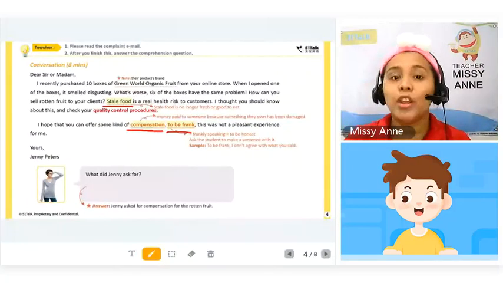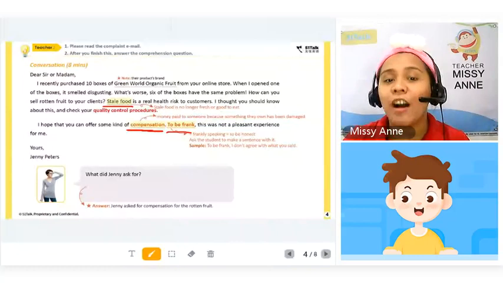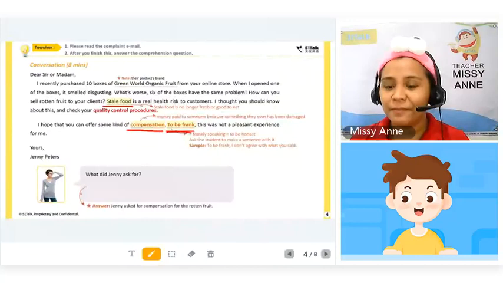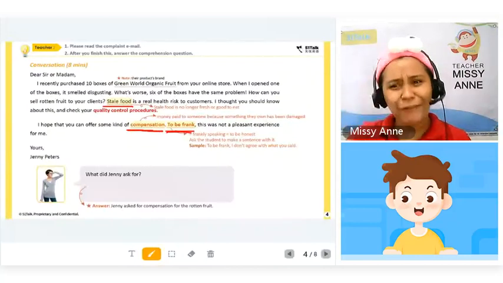Very good, very good. And let's try and use to be frank. Can you use to be frank in a sentence? To be frank, I owe our success to our team members. Very good sentence. That's fantastic.